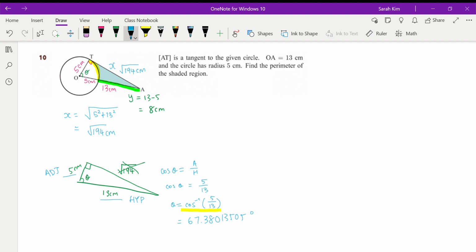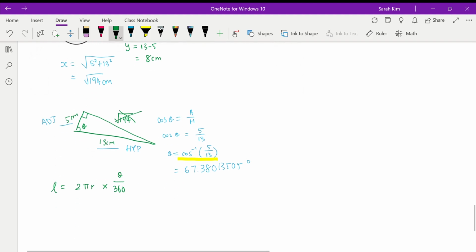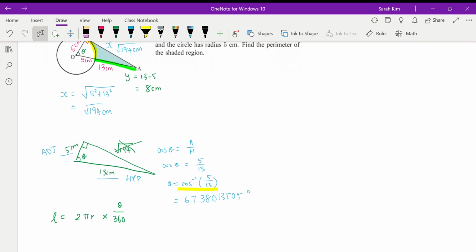I might just use this number as my theta to make it more accurate, because if not I won't get an accurate answer. So perimeter is simply, no, I need to find the arc length first. The arc length is 2 pi r times theta over 360. Oh, maybe I'll use radians because I feel like that is easier. It should give you the same answer no matter what you use.